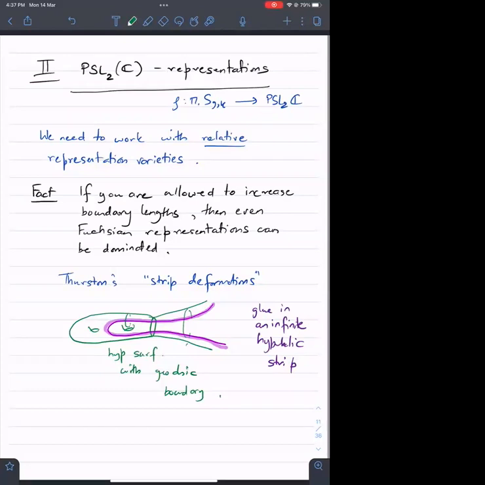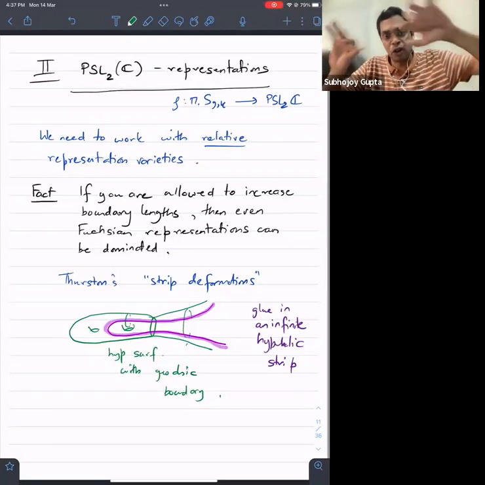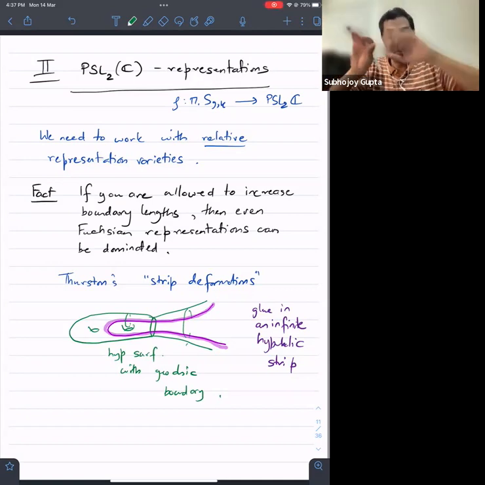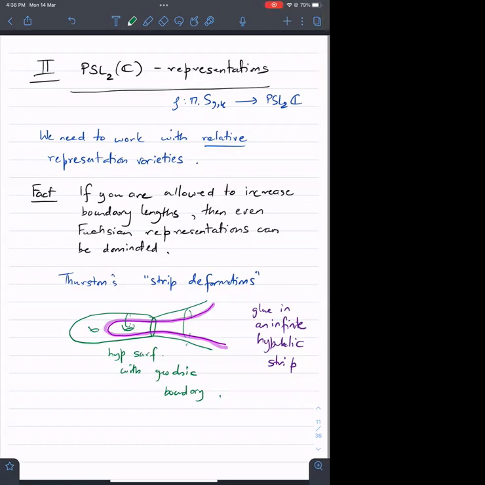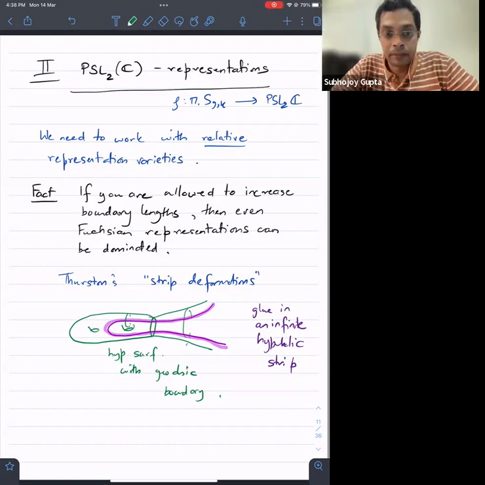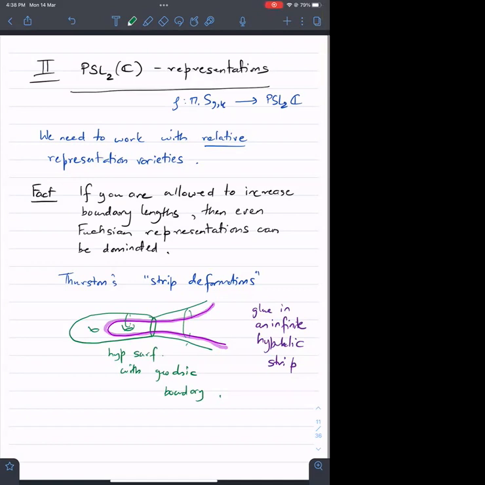Yeah. If you think of it in the universal cover, you're creating space by pushing the rest of the hyperbolic surface aside. If you cut the hyperbolic plane along a bi-infinite geodesic, you're grafting in a flaring hyperbolic strip.